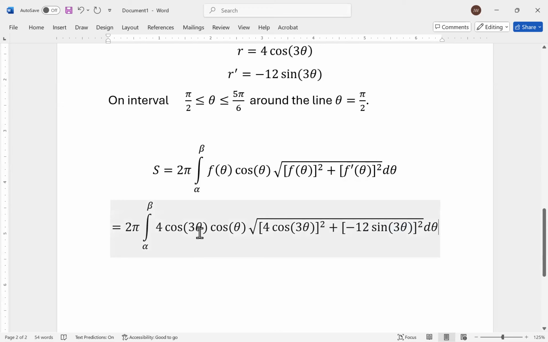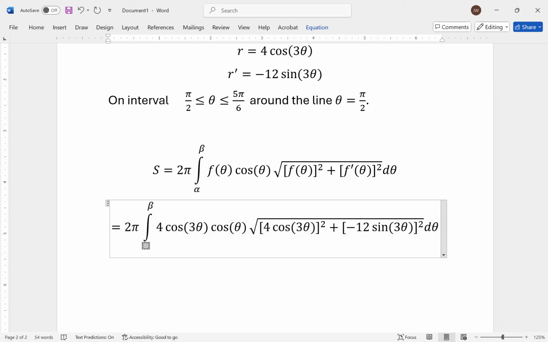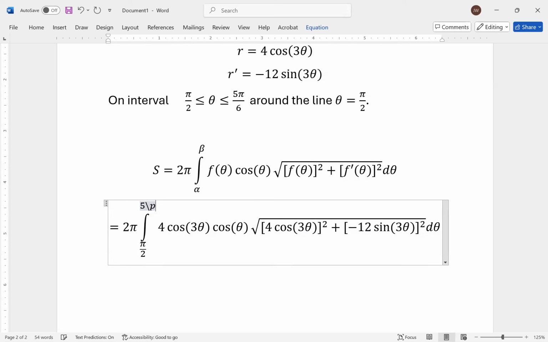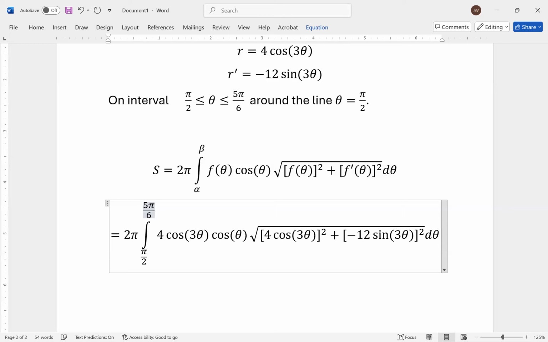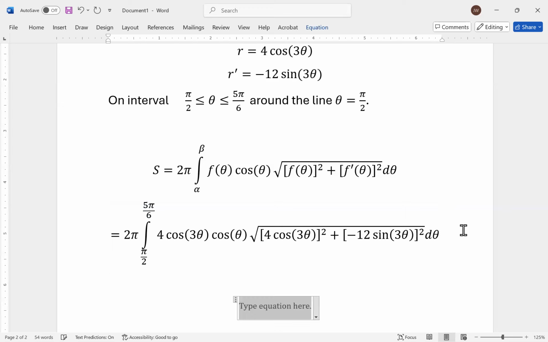Now there are ways to simplify and rewrite this. Oh, I forgot. I'm integrating from pi over 2 up to 5 pi over 6. There are ways to rewrite this and try to integrate this by hand. For the purposes of this video, that's not important.